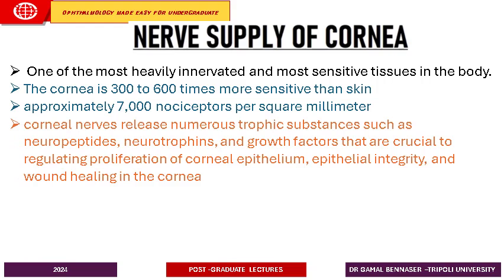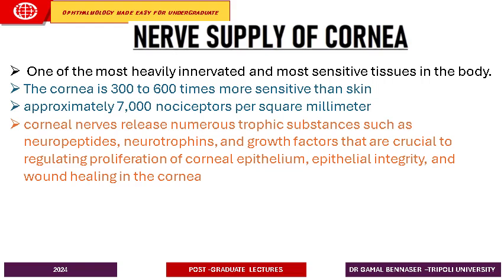Now, the corneal nerves not only serve to conduct the sensation from the surface of the cornea, but also release certain neurotrophic substances and neuropeptides that act as growth factors important in the regulation of the corneal epithelium and maintain the epithelial integrity.